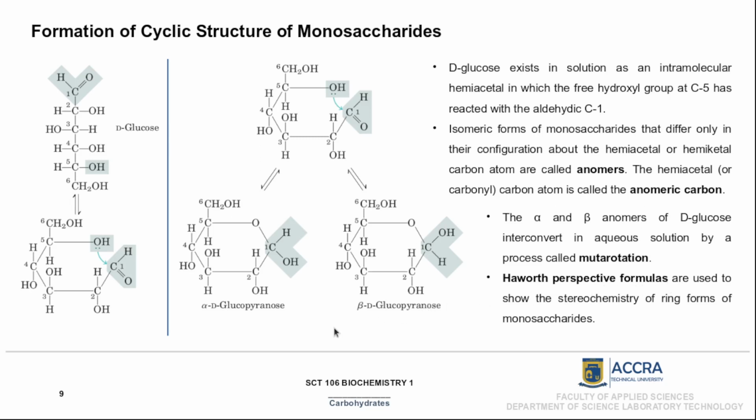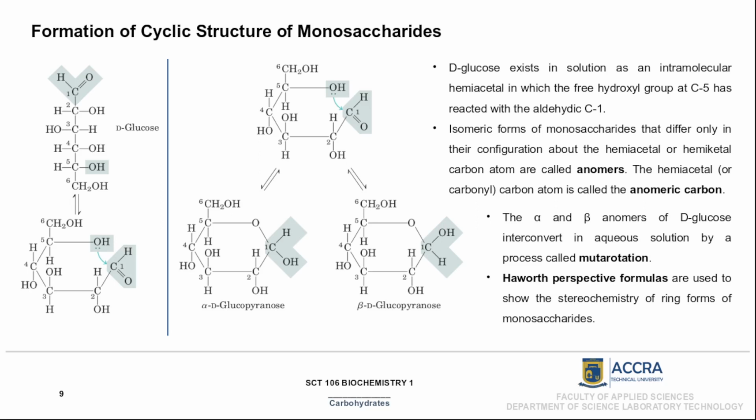Now, the alpha and beta anomers of glucose can interconvert in aqueous solution by a process called mutarotation. And so, for instance, if you take two separate cups of solutions, one having an alpha glucopyranose in it, whilst the other has only beta glucopyranose in it.